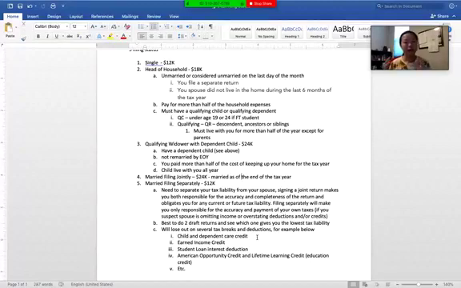But sometimes you want to do married filing separately. The main reason is that you want to separate your tax liability from your spouse, because signing a joint return makes you both responsible for the accuracy and completeness of the tax return and obligates you for any current or future tax liability. If you file separately, you are only responsible for the accuracy and payment of your own taxes.